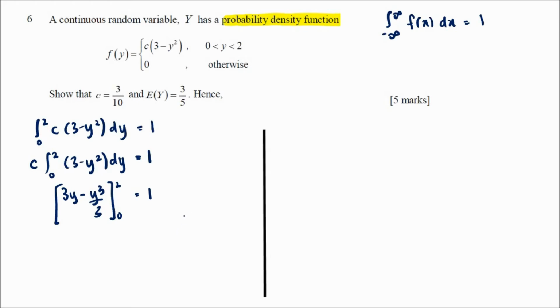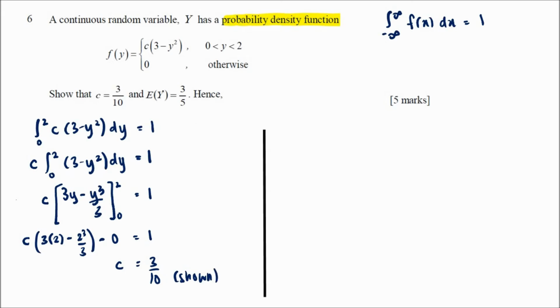If we substitute the limit, we will get 3 times 2 minus 2 cubed over 3, and then minus 0, and we still have the c outside here. If we calculate this, we will get that the value for c is equal to 3 over 10. So we have already shown the first part of the question.